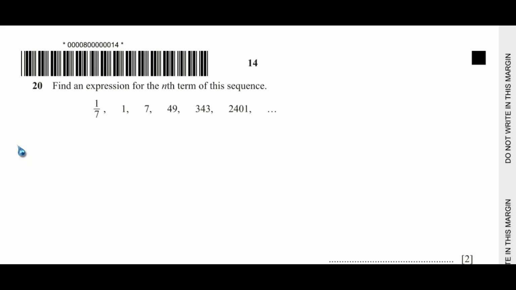So question 20, find an expression for the nth term of this sequence. So here you have 1 over 7, so you multiply by 7, you get 1, multiply by 7, you get 7, multiply by 7, you get 49, and so on.